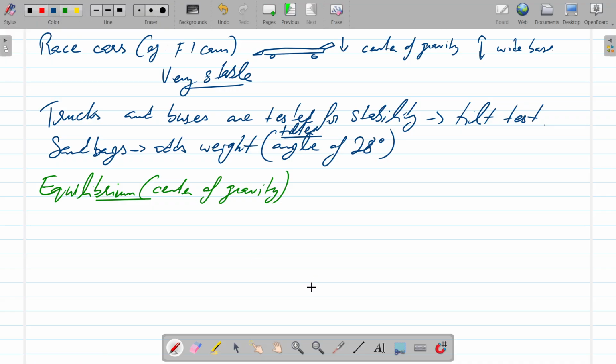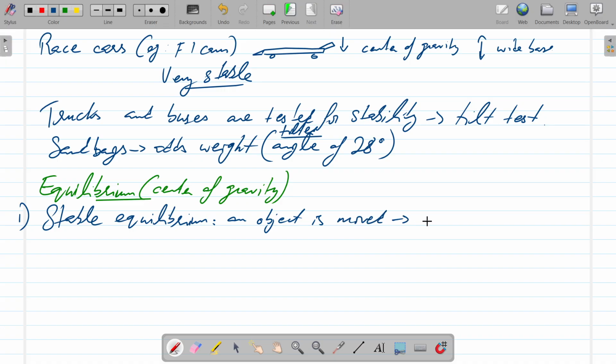Okay, and so they're giving you three situations. The first situation is stable equilibrium, and stable equilibrium is when an object is moved and the object attempts to go back to its original position.